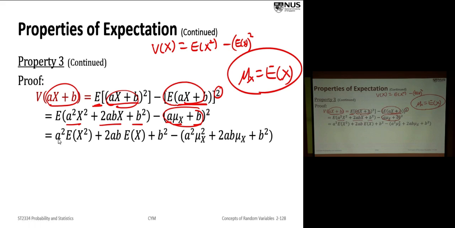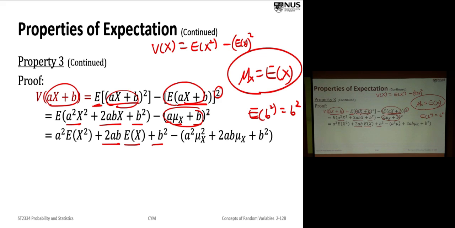So this is equal to a squared times the expectation of x squared. This one, 2ab, take out the expectation of x, and then b squared, because the expectation of b squared is equal to b squared. The expectation of any constant is equal to the constant itself.